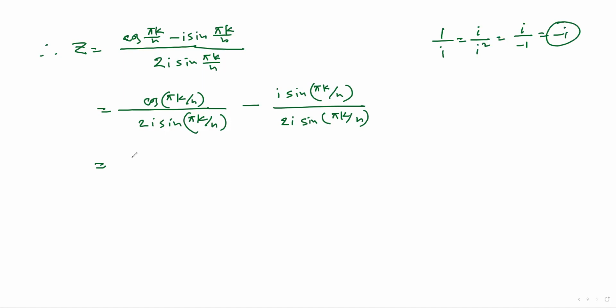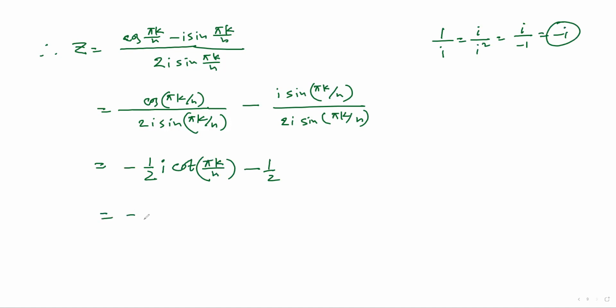So we have minus I. So this is just minus half I cot pi k by n. And here I have the I's get cancelled. So minus half. And just that actually, sine also gets cancelled.